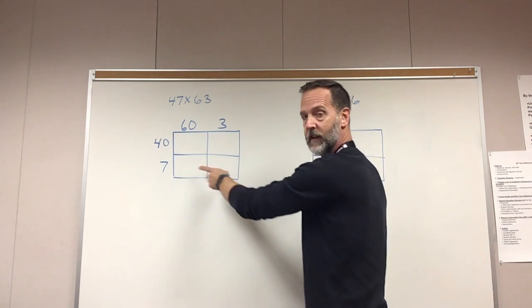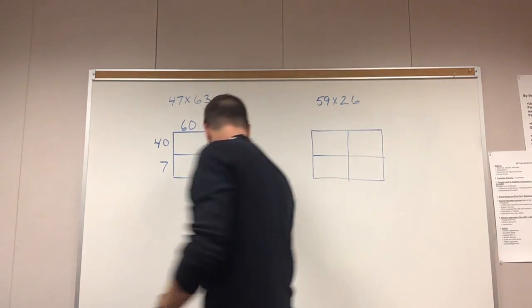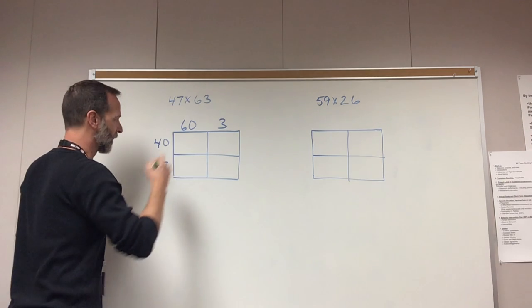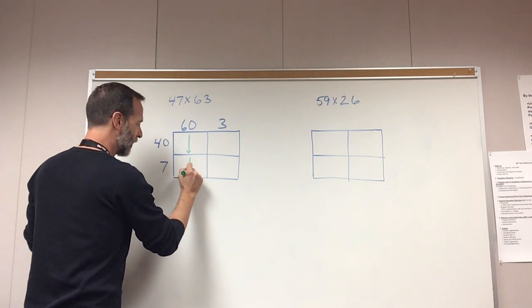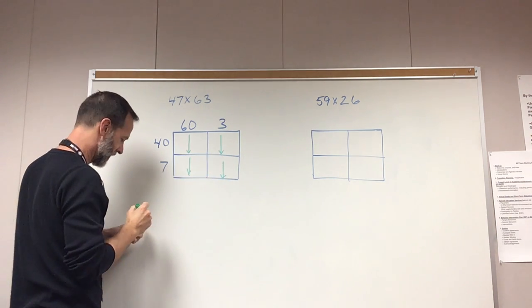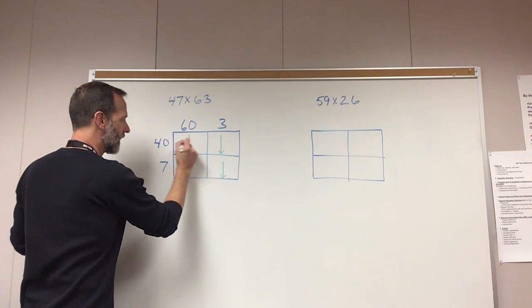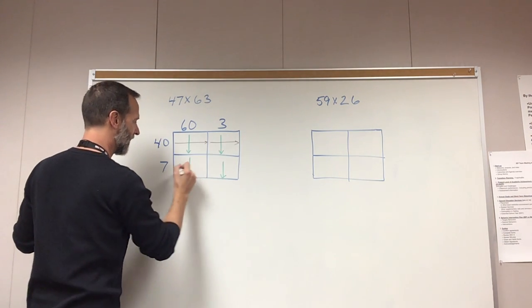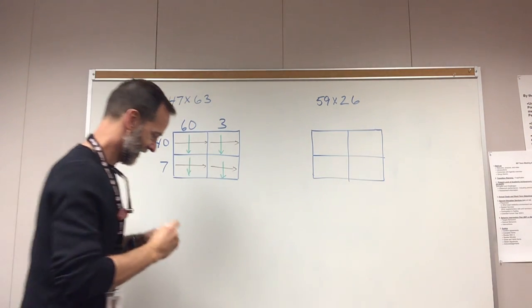This is using 7. This is using 7. Okay? So we're going to follow. I'm going to draw a little green line here. We're going to follow the 60 down this way, the 3 down that way, okay? And then we're going to follow the 40 that way and the 7 that way, okay?